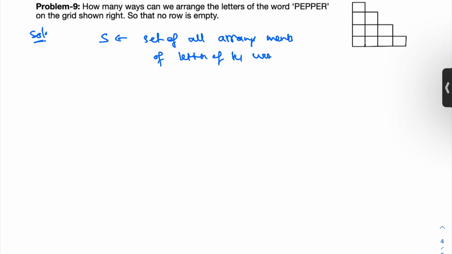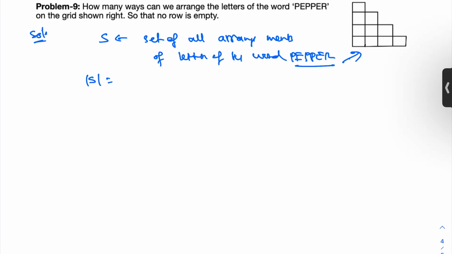First of all, let's get the total arrangement without any condition. So let S be the set of all arrangements of the letters of the word pepper on this grid. Okay, so what would be the size of S?